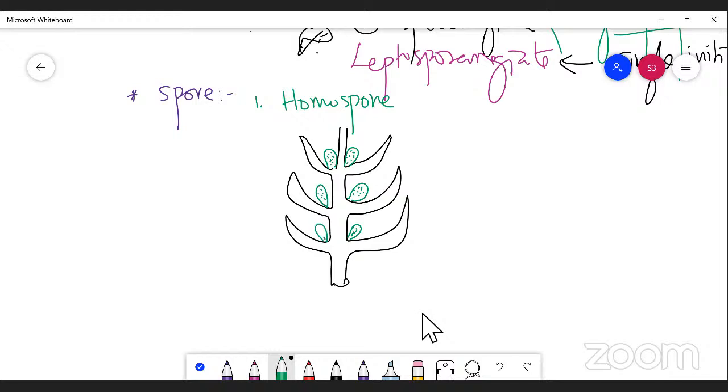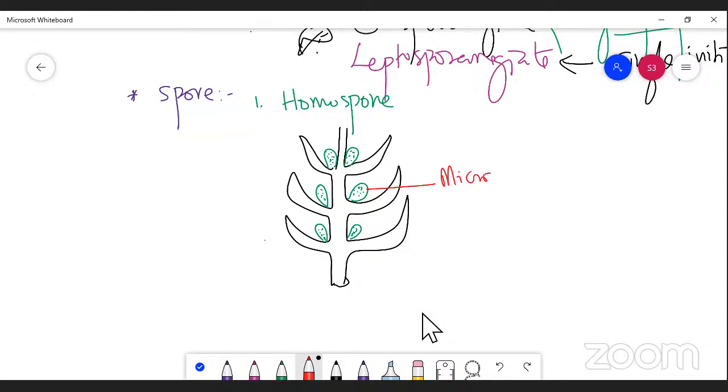The microspore gives rise to antheridium and androzoites. Androzoites are the male gamete, a multiflagellate male gamete.